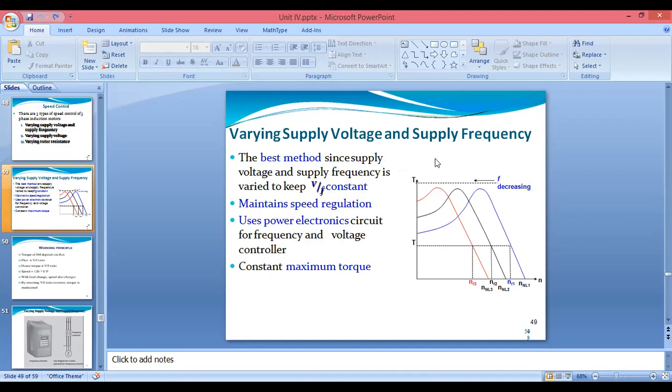If we change the supply voltage, we can change the value of frequency accordingly, so you get V by F constant. By maintaining this constant, you can maintain the speed regulation of the three-phase induction motor.